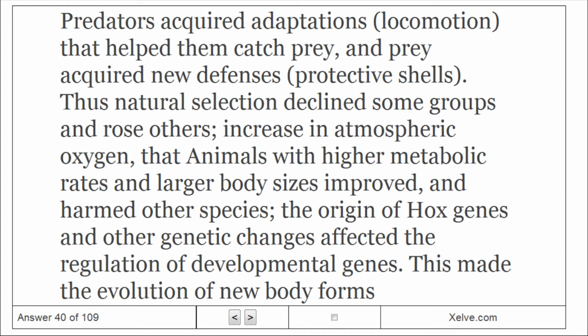Thus natural selection declined some groups and rose others. Increase in atmospheric oxygen, that animals with higher metabolic rates and larger body sizes improved, and harmed other species. The origin of Hox genes and other genetic changes affected the regulation of developmental genes. This made possible the evolution of new body forms.